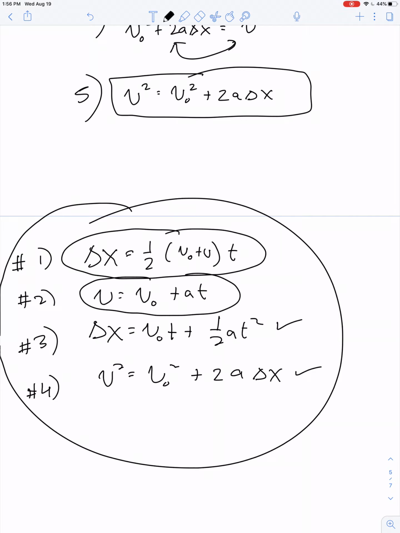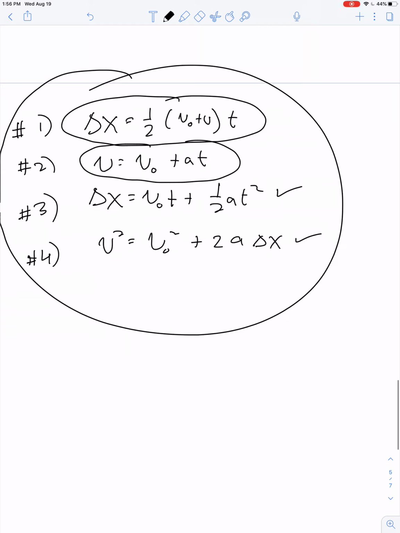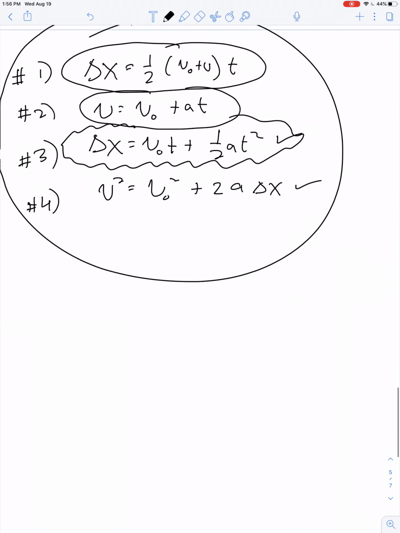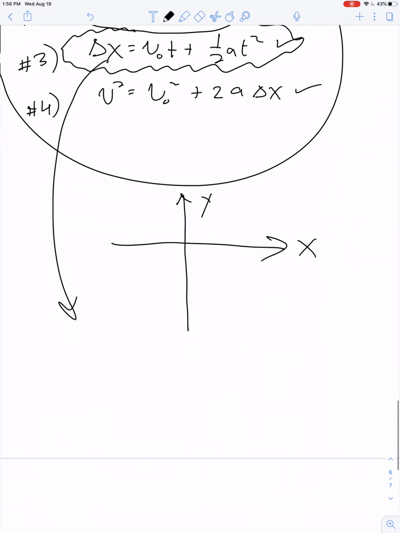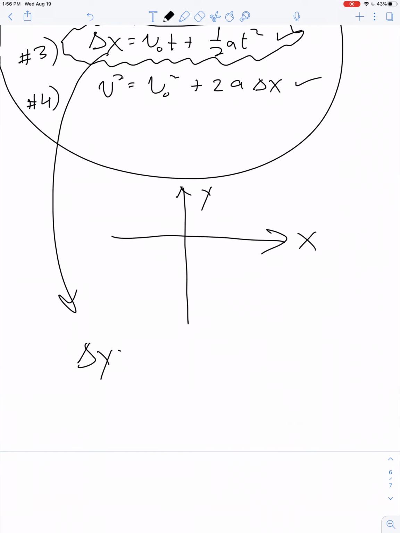So now I feel like I need to show you that these equations are in some way useful. Well, from the lab that we've already done, you've seen that this equation can be useful if we change our study of motion along a horizontal axis to a study of motion along a vertical axis. Then I can re-express this equation as delta y equals v initial times time plus 1/2 at squared.